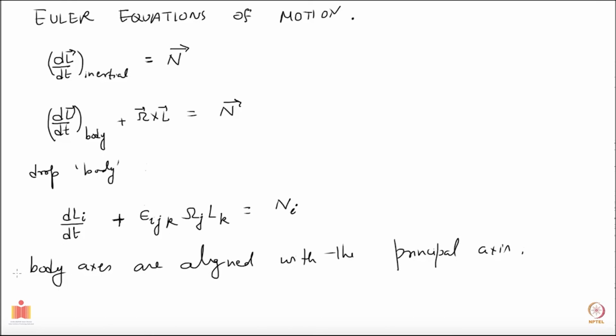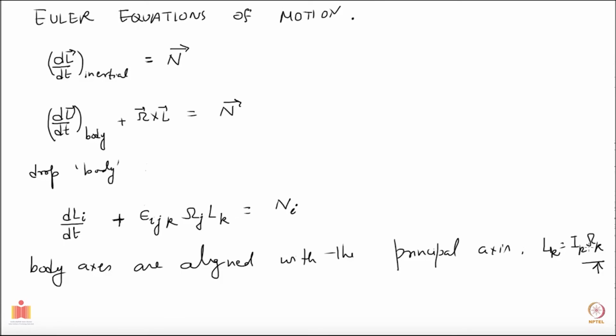Otherwise, you have the full relation: Lk would be Ikl omega l, where you'll be dealing with the full tensor. But if you choose the principal axes, then L becomes simpler. So you have Lk is Ik omega k, and remember there is no summation over k here. K is a free index. Look on the left side, k is free, so there is no summation implied here, even though they are repeated.